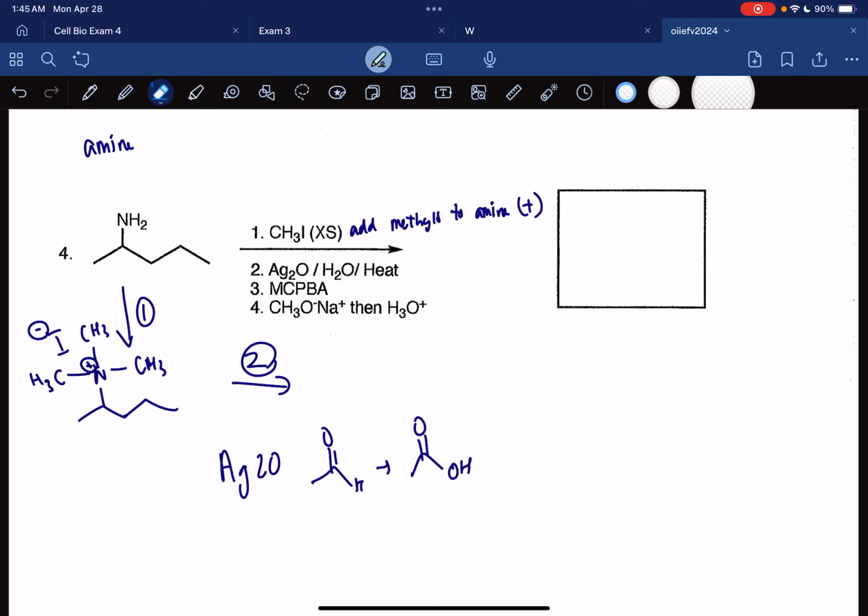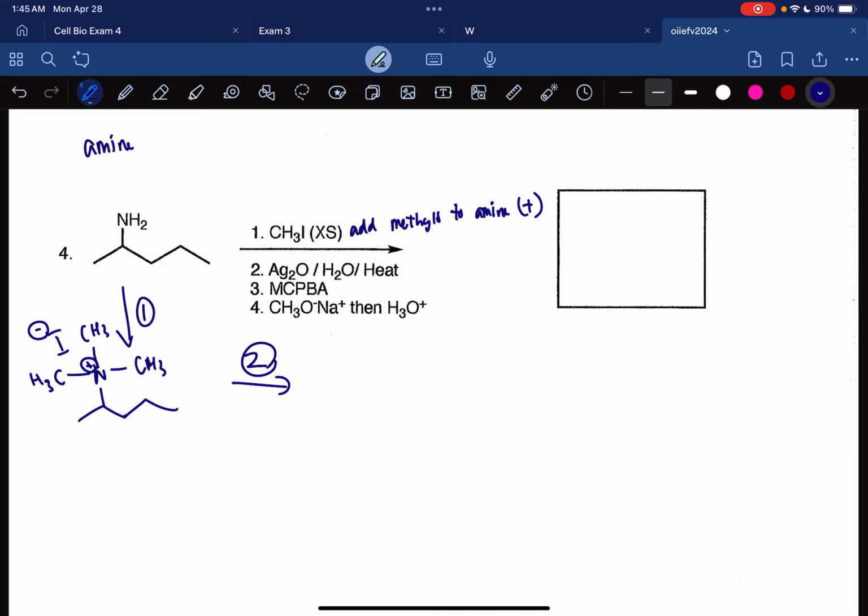But in this case, since there's no aldehyde, you should know this is kind of a characteristic of this reaction. This is going to do something called the Hofmann elimination. So these two steps combined, they do Hofmann elimination. I think I spelled that wrong actually. Just one F. Yeah. So Hofmann elimination.